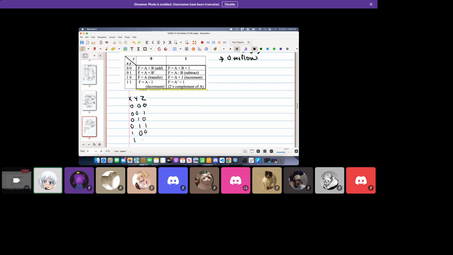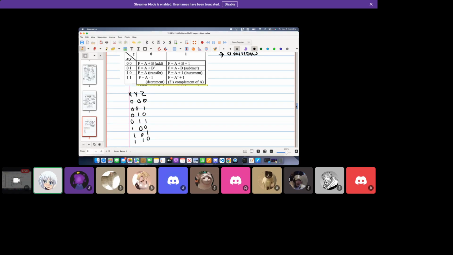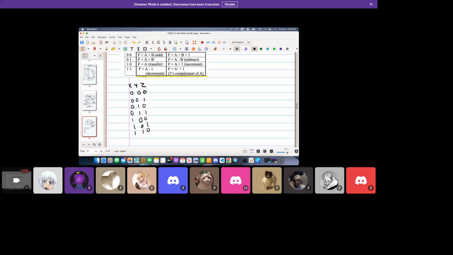This is 1, 0, 1, 1, 1, 0, and then underneath it is 1, 1, 1. Here, let me zoom out just a tiny bit. This is our F. We go A plus B, A plus B plus 1. I'm just copying it directly from here.